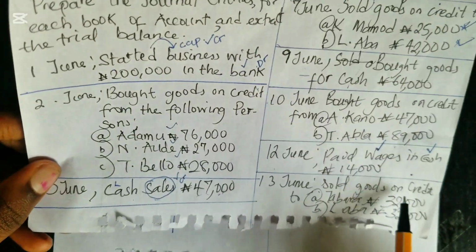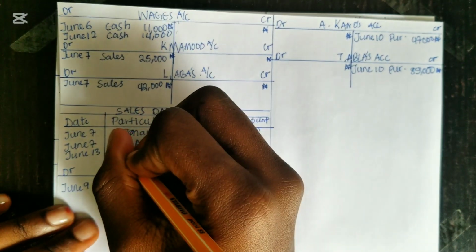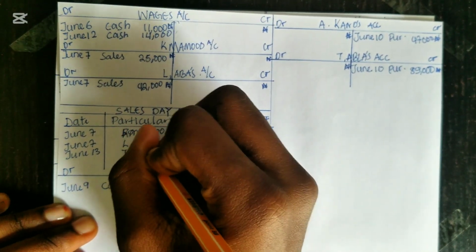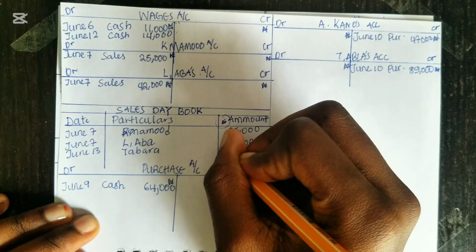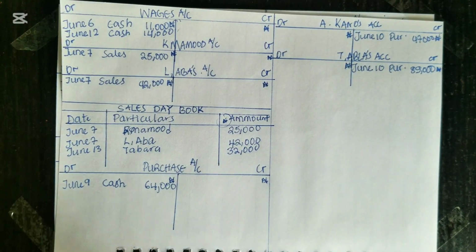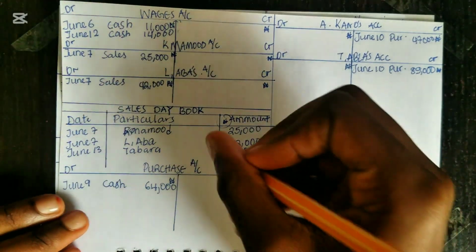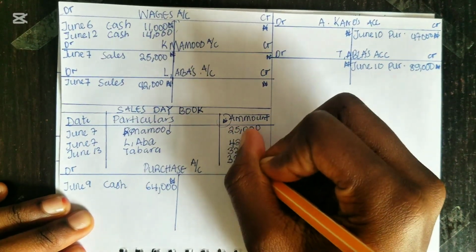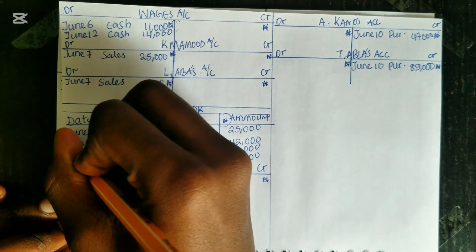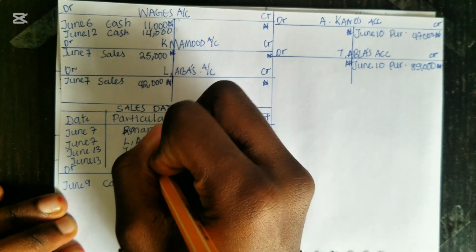We have sold goods on credit: Tabara 32,000 naira, and on June 13, El Abba 32,000 naira also.